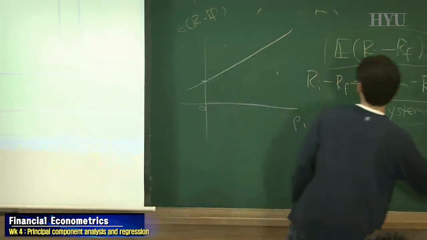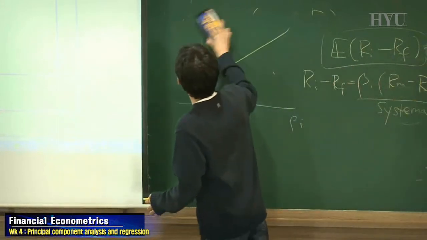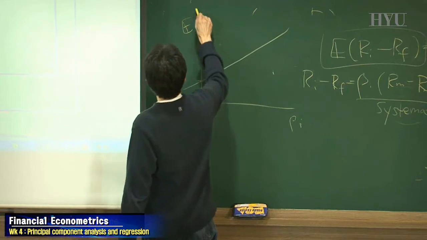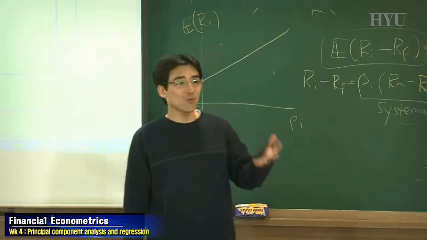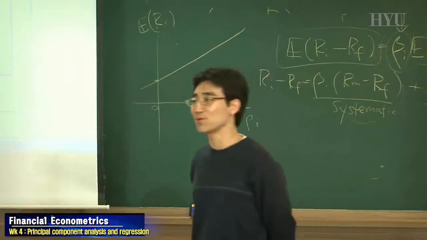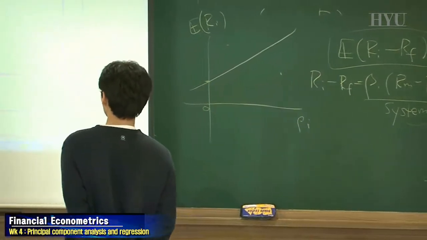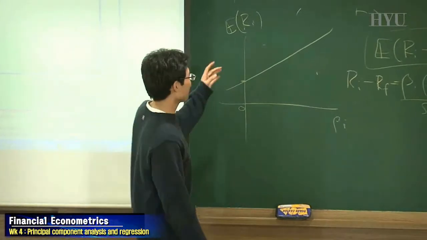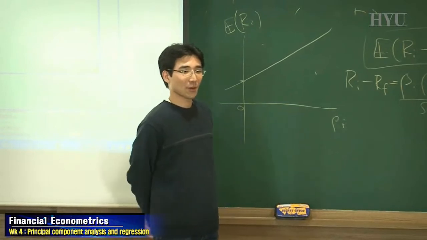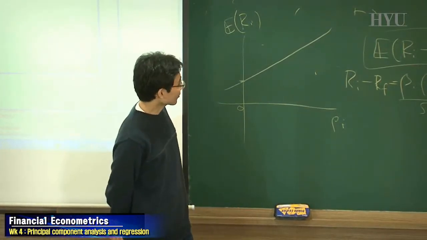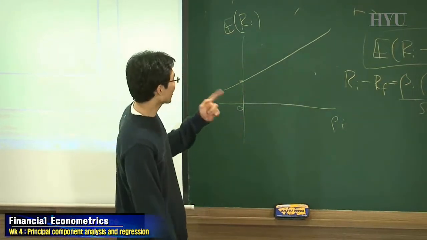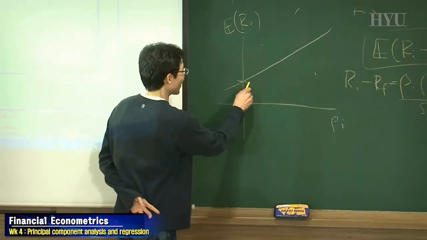Your expected asset return, your expectation of how much Naver will generate until next year, how much POSCO will generate, how much Google will generate, is entirely driven by beta. And if we believe the capital asset pricing model, it should be a linear relationship. Given this linear relationship, what is the value of this point?